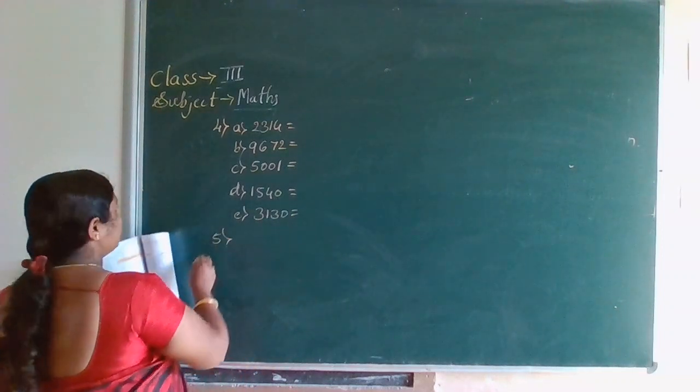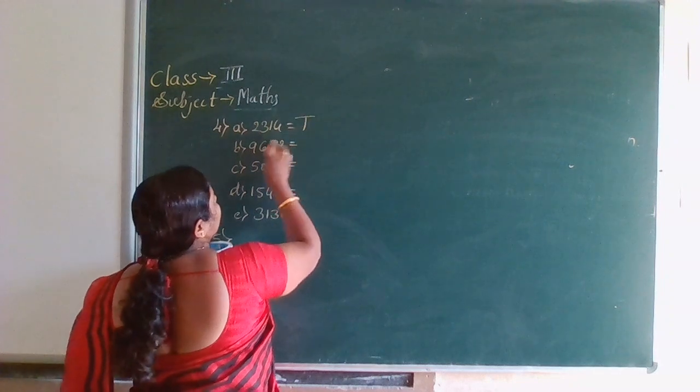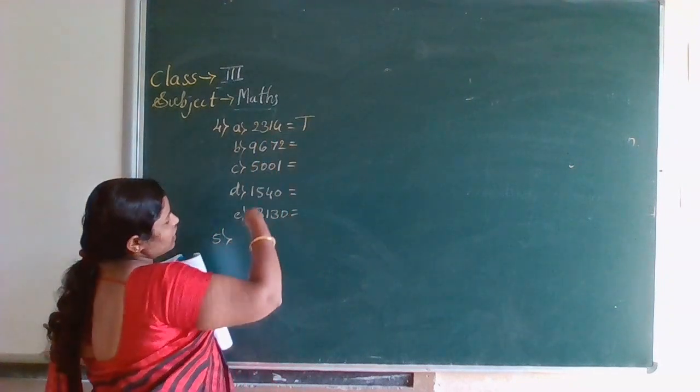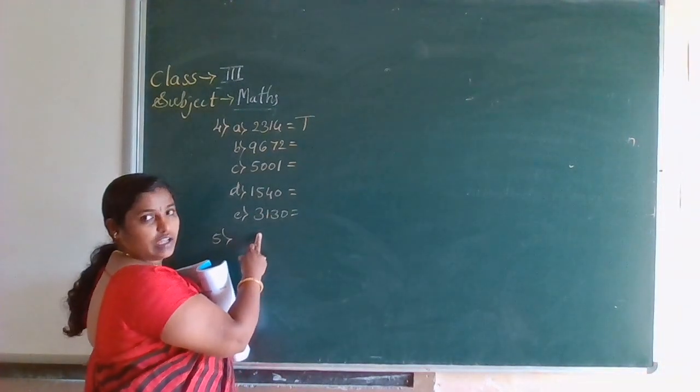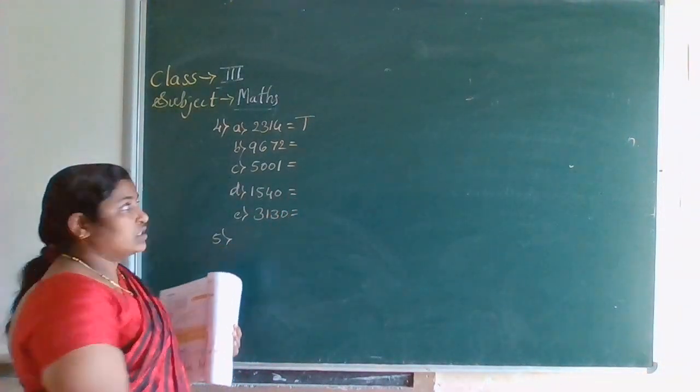Next, the fifth one. They have given these, which are called numerals. See, this is in figure. We should write the number names.